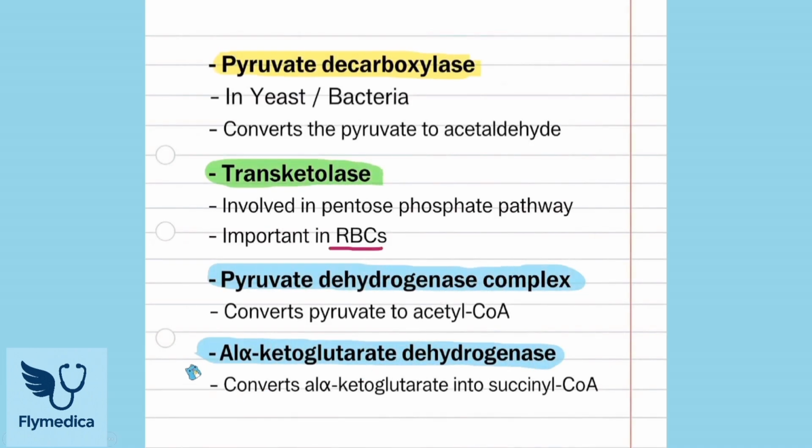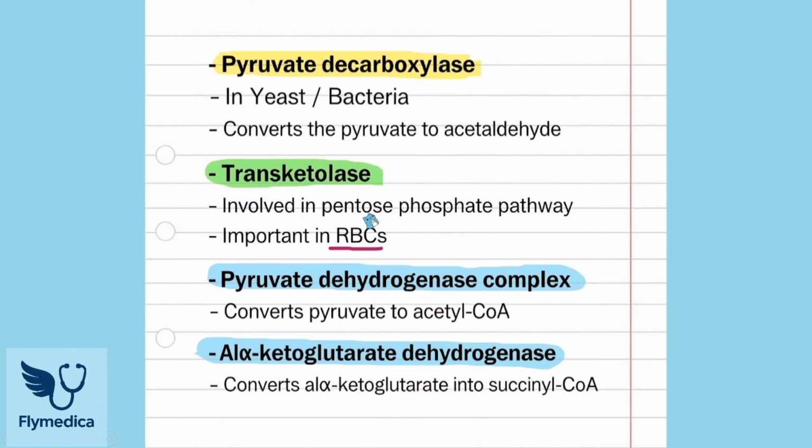You should know the important enzymes that thiamine pyrophosphate plays a coenzyme role for. Here is the list of these important enzymes you should know for your exam. The first one is pyruvate decarboxylase. We have this important enzyme in yeast and bacteria. It is going to convert the pyruvate to acetaldehyde. The second one is transketolase.